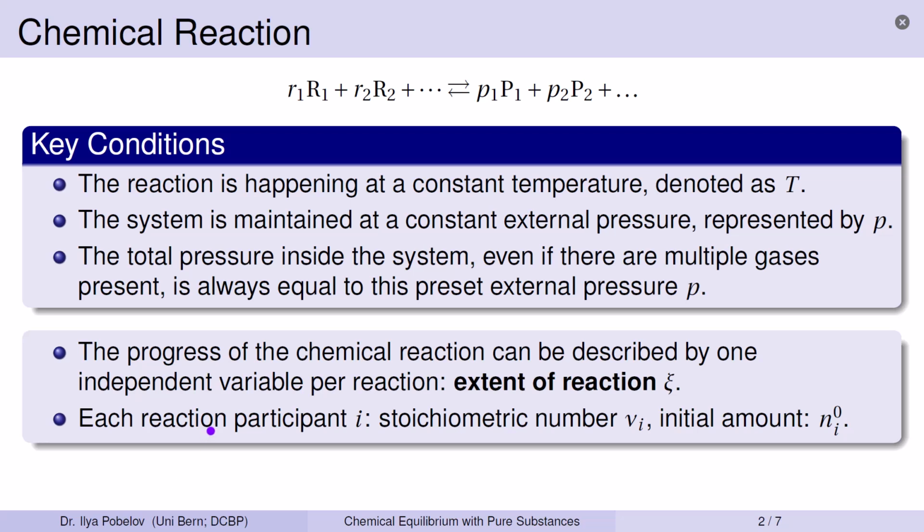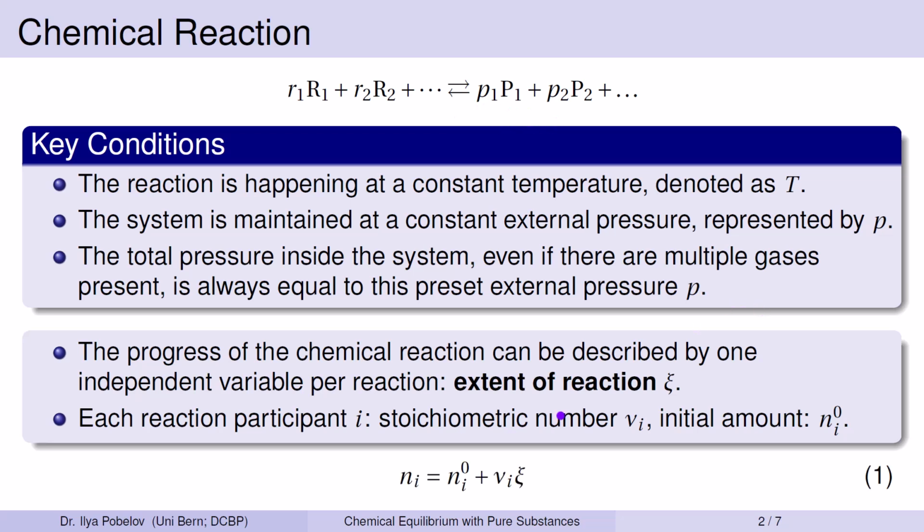Each substance involved in the reaction can be represented by an index, which we will denote as I. These substances, whether they are reactants or products, have associated stoichiometric numbers μI. The stoichiometric number essentially tells us about the proportion of each substance in the balanced chemical equation.